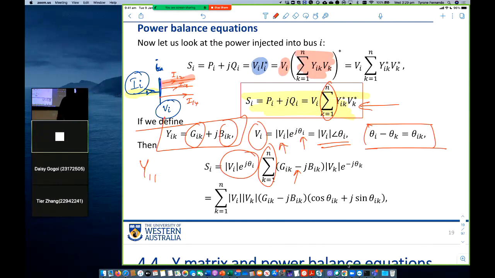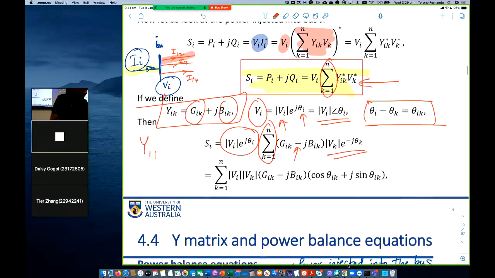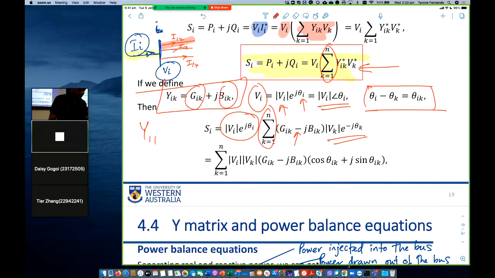And then Vk in polar form is that, right? Magnitude Vk and e to the minus j theta k. So then we can just rearrange the terms. We have the magnitudes, those two magnitudes. We have this term here, and then we have e to the j theta I and e to the minus j theta k.